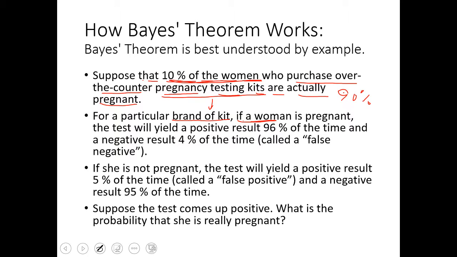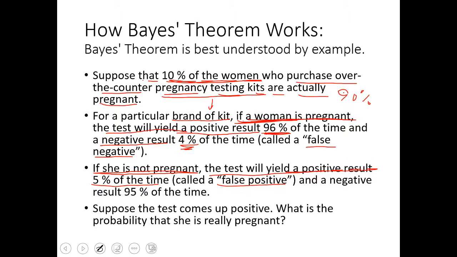If a woman is pregnant, then the test will yield a positive result 96% of the time and a negative result 4%. It is a false negative. And if she is not pregnant, then the test will yield a positive result 5%.